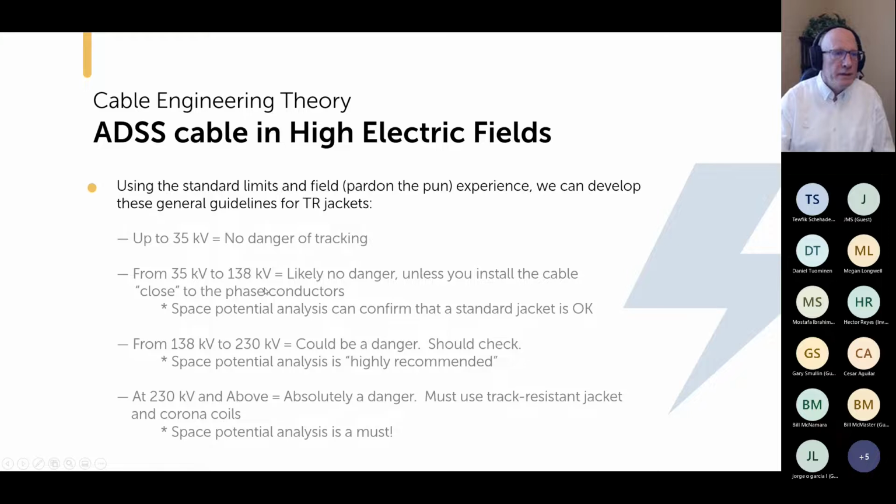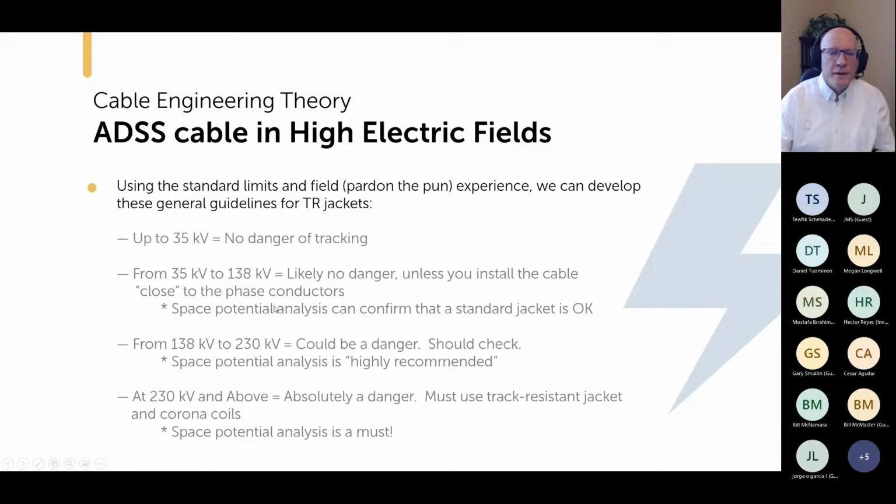Now, it's been done. There was a utility here in the United States that somebody got the great idea of putting ADSS within a foot of 138 kV phase conductors, and they did have, surprise, surprise, tracking problems, and the cables did fail. But they were putting ADSS really close to phase conductors because, well, it's dielectric, so it should be okay, right?